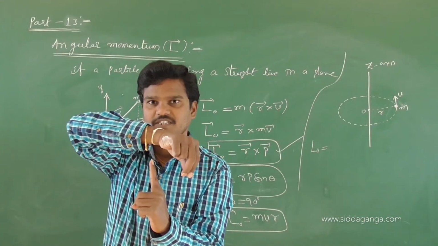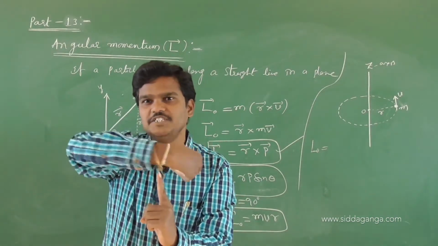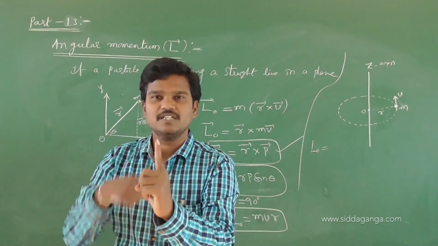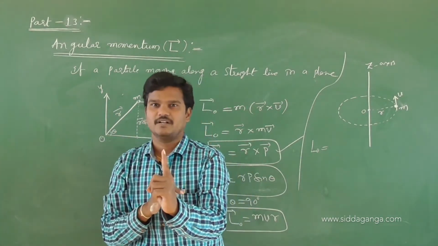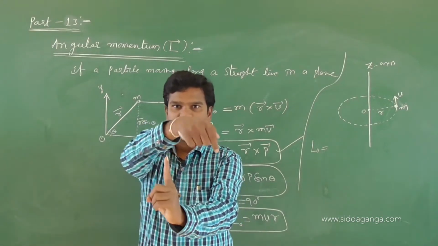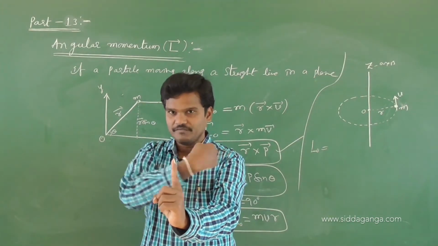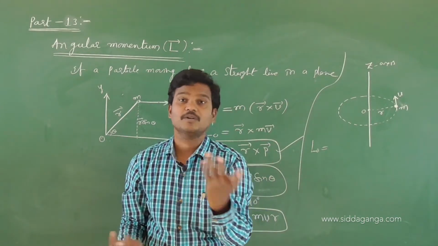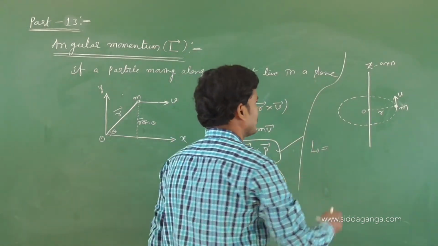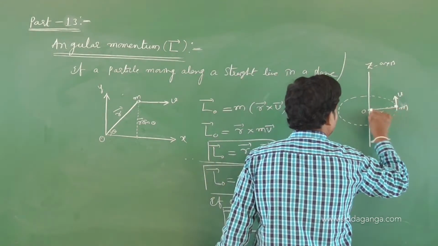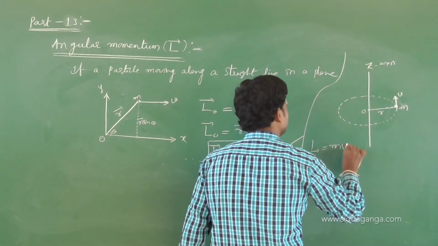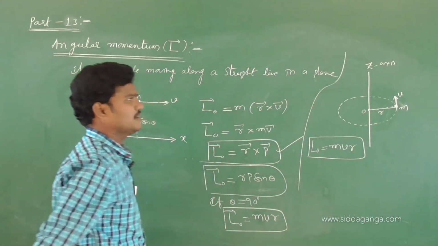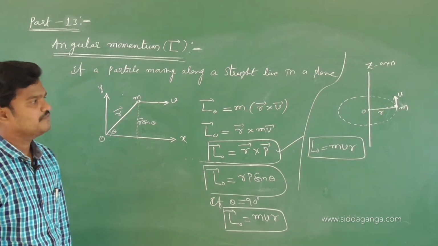If you draw the tangent at any point, the tangent gives the motion of the particle at that point. The tangent is into the board, so mv, and this is r. See how these two are perpendicular to each other. Then the product mv and r is nothing but the angular momentum about this O: mvr.